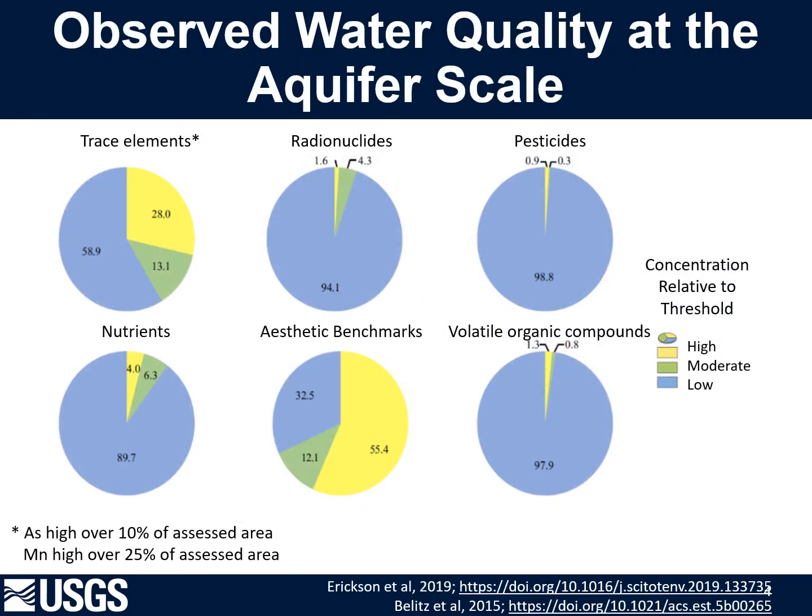Each hydrogeologic terrain was divided into 30 equal areas to provide a spatially unbiased way to assess regional groundwater quality.